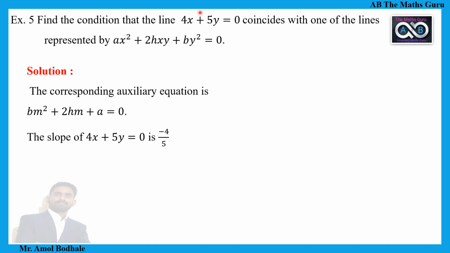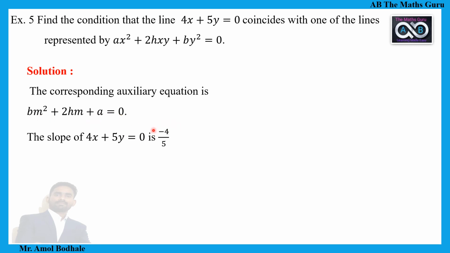So the slope of the first line, which is 4x plus 5y equal to 0, is the negative of the coefficient of x upon the coefficient of y, which is minus 4 upon 5. This is the slope, and as we know, the slope is a root of the auxiliary equation.